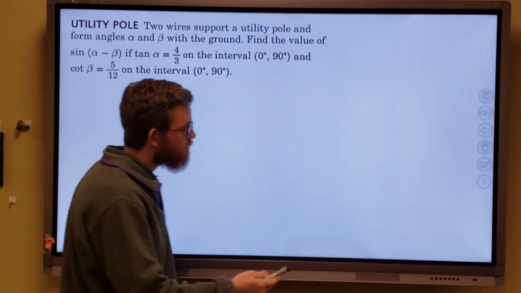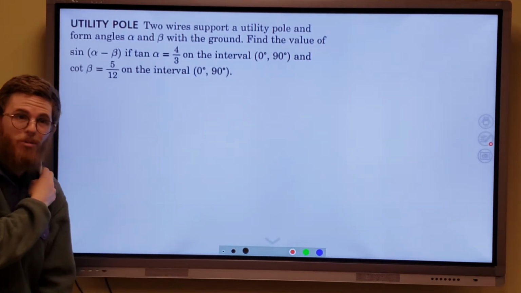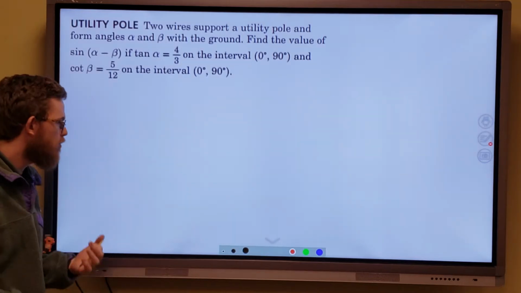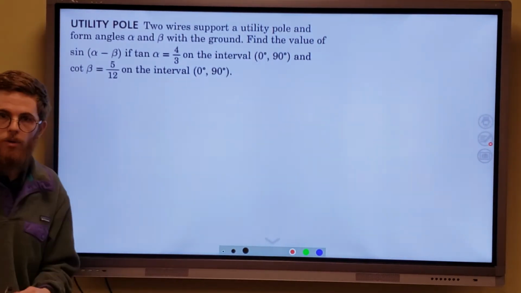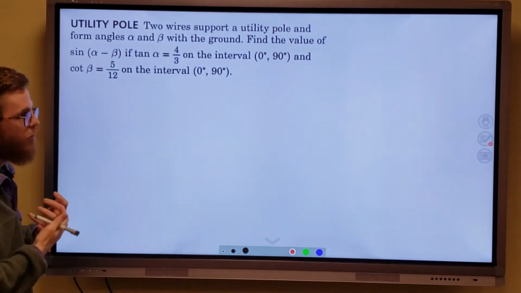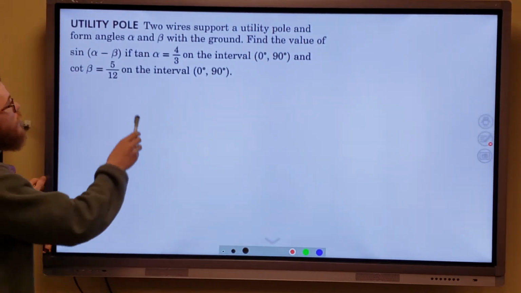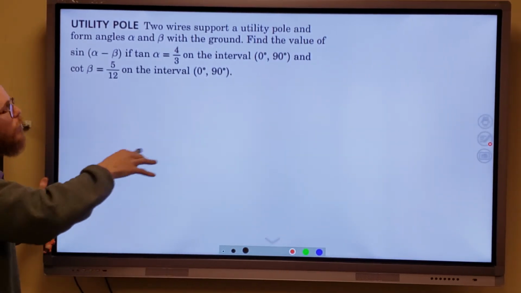So again, it's giving us a ton of information, more than we probably want. But again, we've got to take a second and realize what's going on here. It's not the end of the world. We've got to try to see if we can understand this. The thing that will help us a lot is understanding the picture.